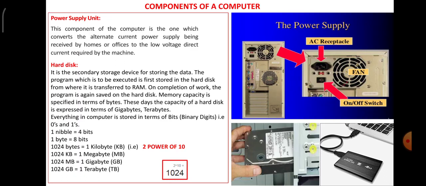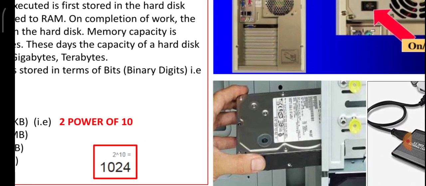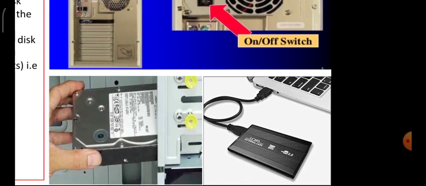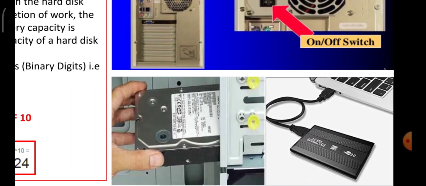And hard disk, two pictures are given. One is the inbuilt hard disk, which comes when you buy a desktop, on the left hand side. A man is holding it here, and you have another hard disk on the right hand side. You can actually use it as an external hard disk.